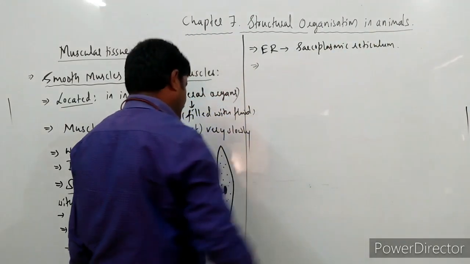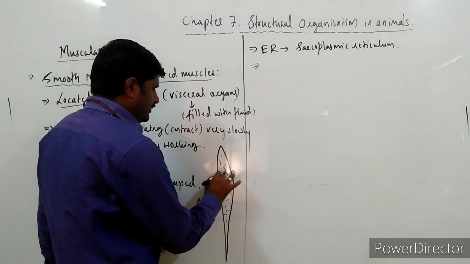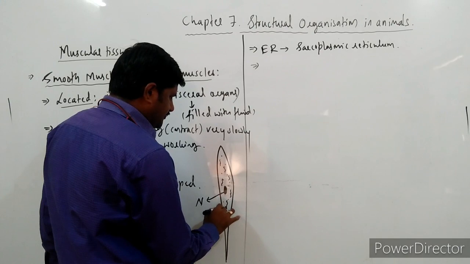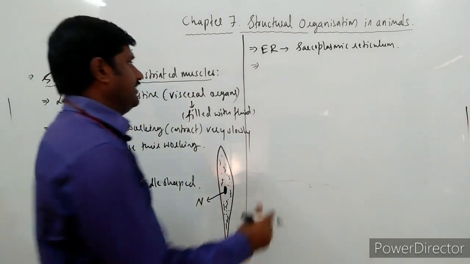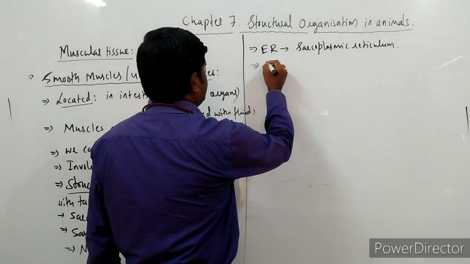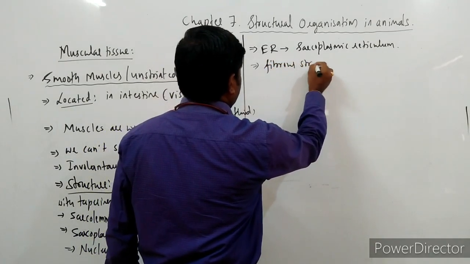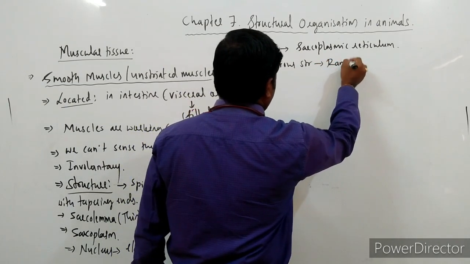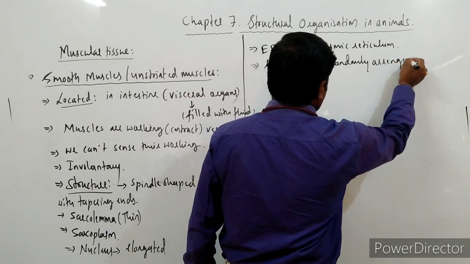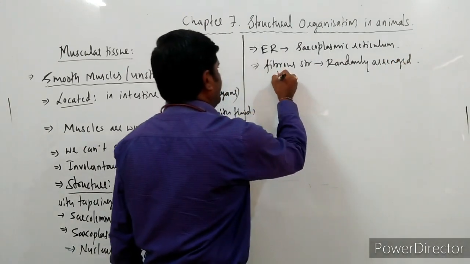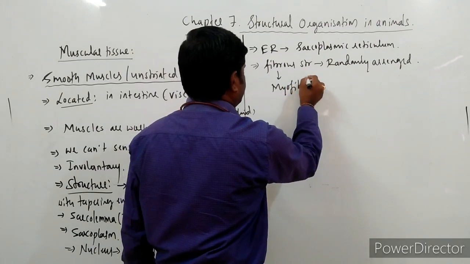Right? And next one. So in this muscle fiber, there are some fibrous structures randomly arranged, and such kind of fibrous structures are called as myofibrils.